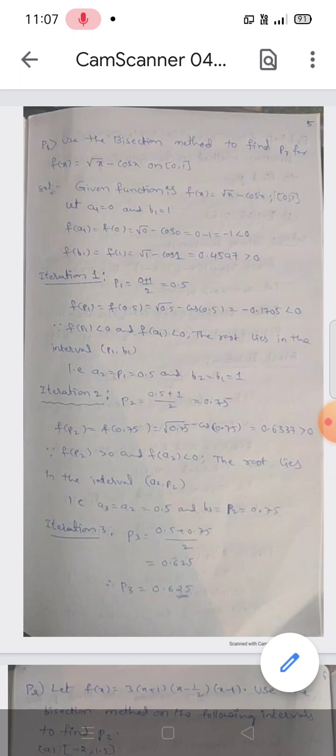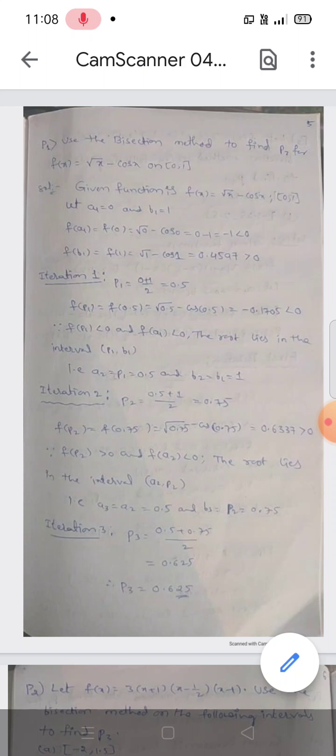Next, find out f of p1. f of p1 is equal to f of 0.5 is equal to square root of 0.5 minus cos of 0.5, which simplifies to 0.1705. This is less than 0. Since f of p1 less than 0 and f of a1 less than 0, the root lies in the interval p1, b1. That is a2 is equal to p1 is equal to 0.5 and b2 is equal to b1 is equal to 1.